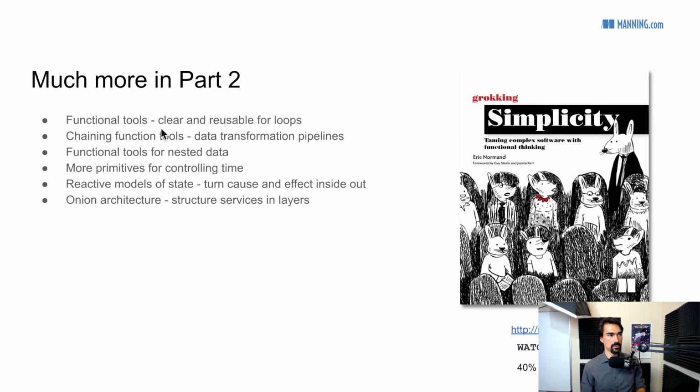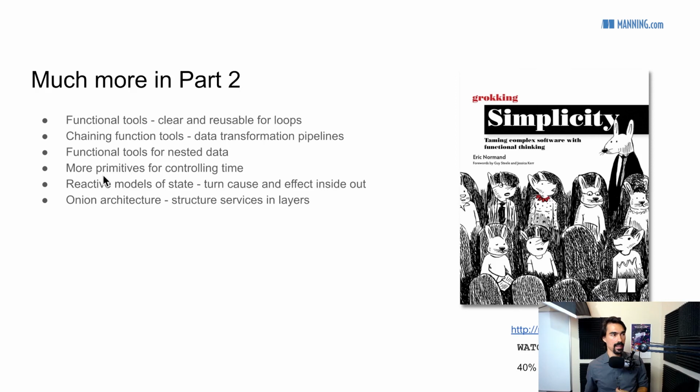We develop each of those, and then we chain them together into data transformation pipelines. And this gives you a really concise way of working with data. Sometimes you have nested data, so you have like maps inside of maps, and we have some functional tools for dealing with those.